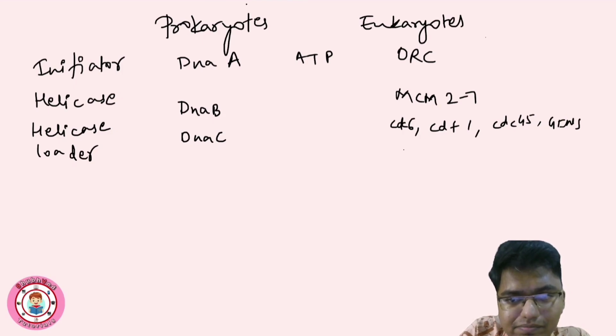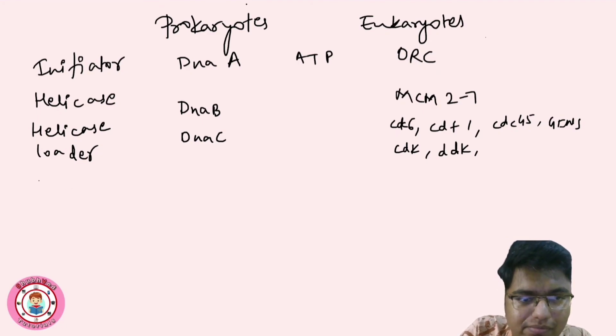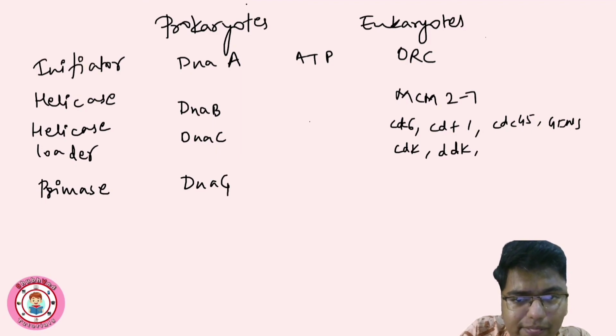Then DDK kinases. Any protein remaining? No. Then the next, primases, for synthesis of primer. Here primer synthesis is done by DnaG. Helicase loading also requires ATP hydrolysis.